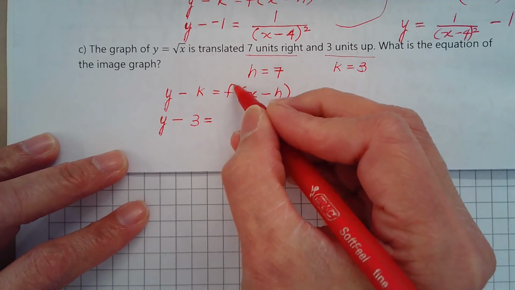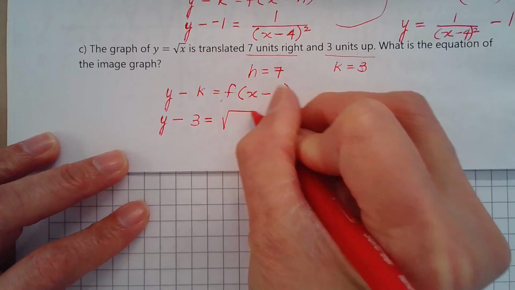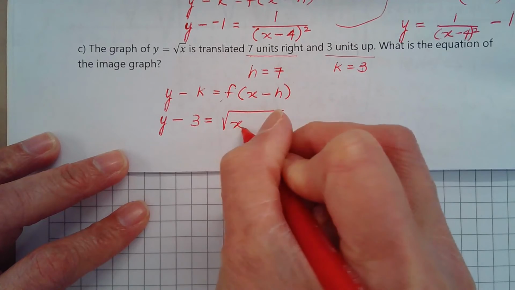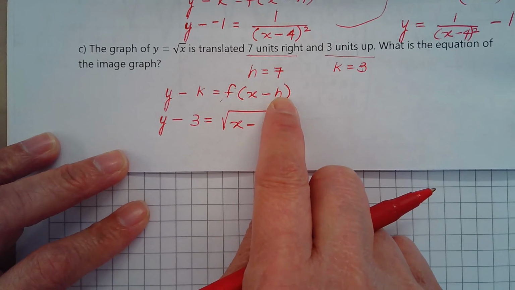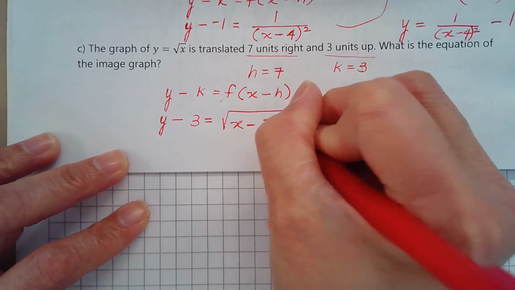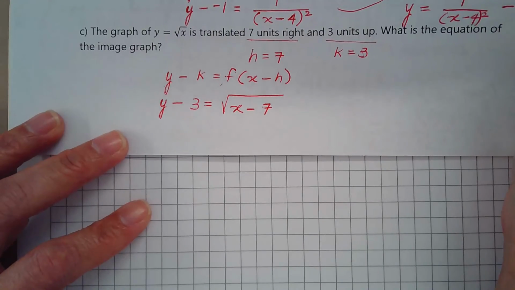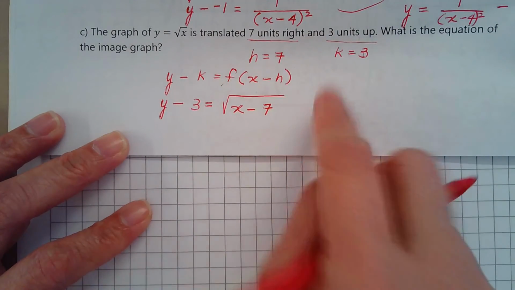So we're going to drop the f, the general function, because we're looking at the specific square root function. So square root of x minus, what's the h? 7. So that's it. Or if we want, we isolate the y.